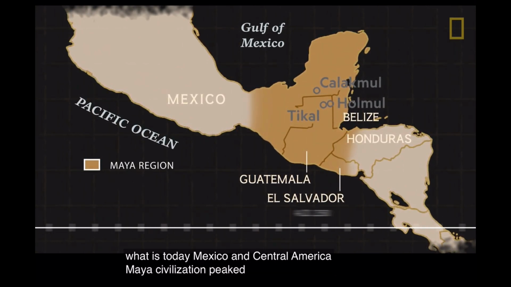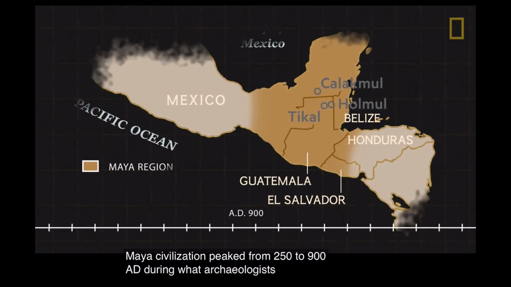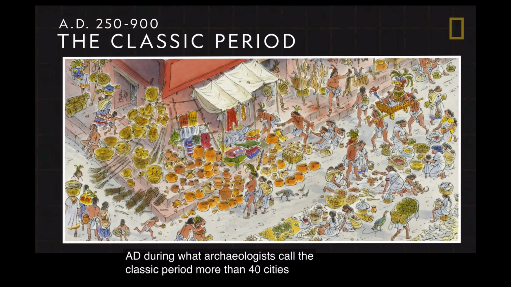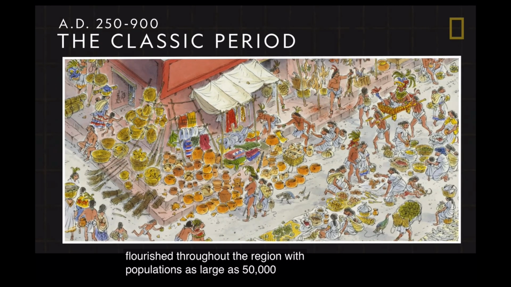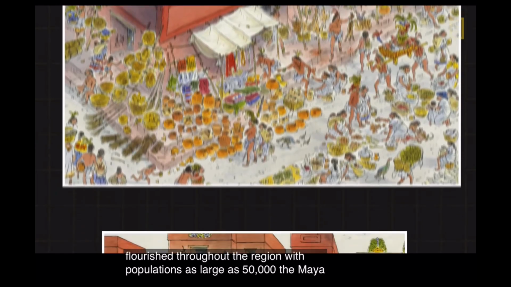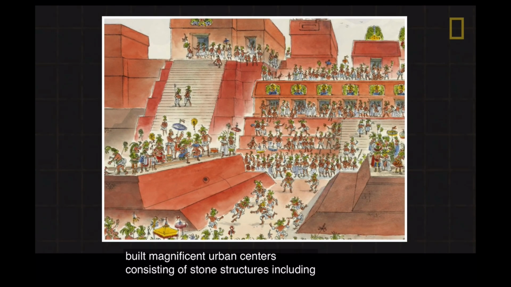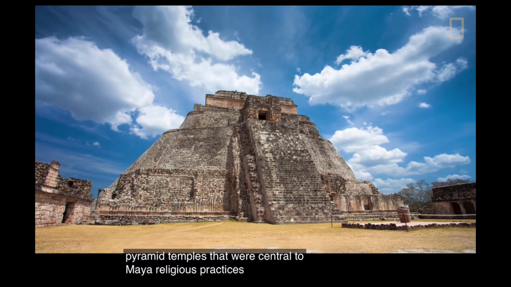Maya civilization peaked from 250 to 900 AD. During what archaeologists call the Classic period. More than 40 cities flourished throughout the region, with populations as large as 50,000. The Maya built magnificent urban centers consisting of stone structures, including pyramid temples that were central to Maya religious practices.